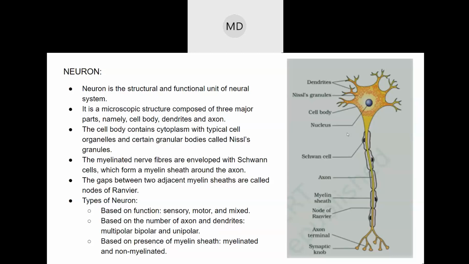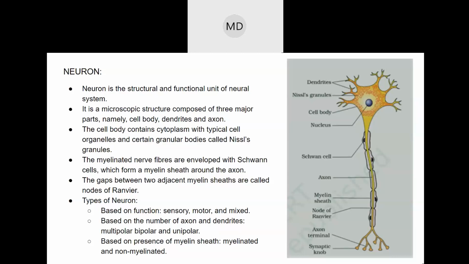Like we call the cell the structural and functional unit of life. Why? Because without the cell there will be no life, right? When fertilization takes place in the woman's body, the ovum from the female is a cell, and the sperm is also a cell.